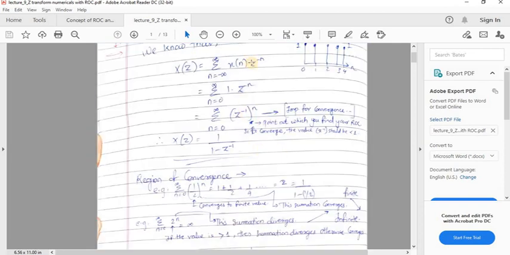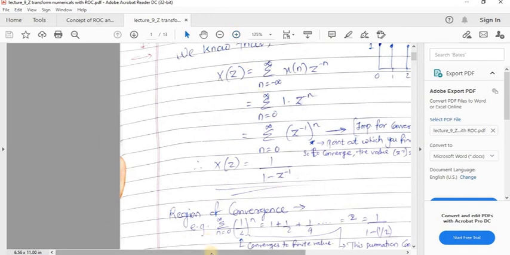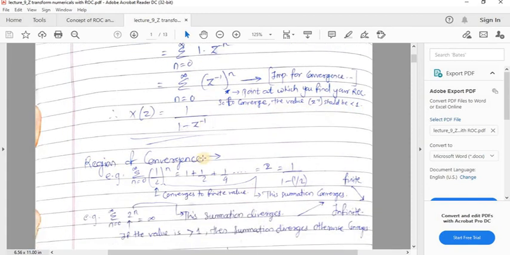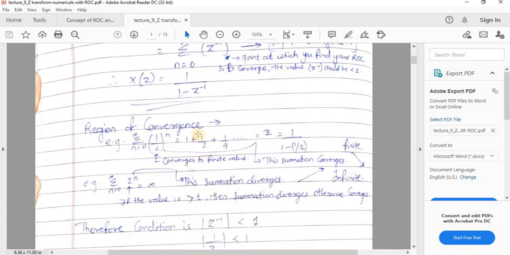I have given this in the notes; this is important for convergence. The z inverse should be less than 1. This is the point at which you have to find your ROC. To converge, the value of z inverse should be less than 1. I have given two examples.